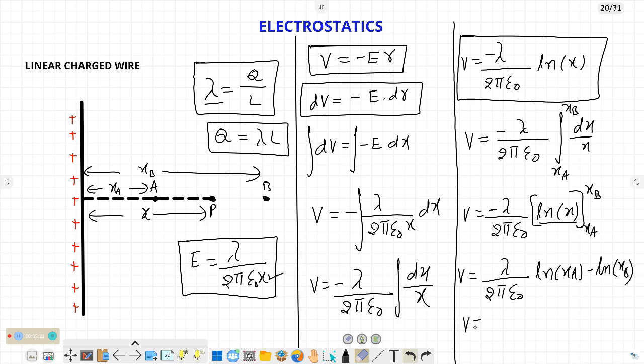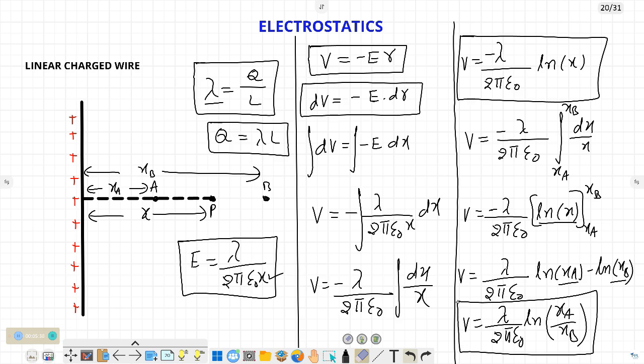We can write this as lambda by 2 pi epsilon naught, where log a minus log b is equal to log a by b. That means xa by xb is the formula. So the potential due to this infinitely charged wire at a point at distance x is lambda by 2 pi epsilon naught ln xa by xb.